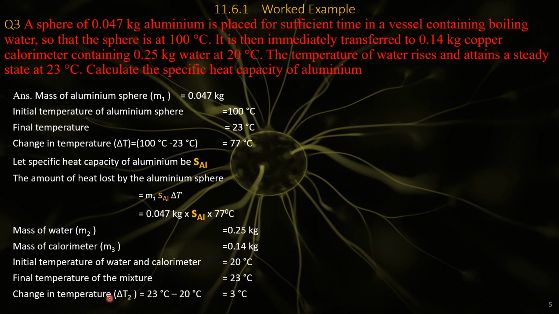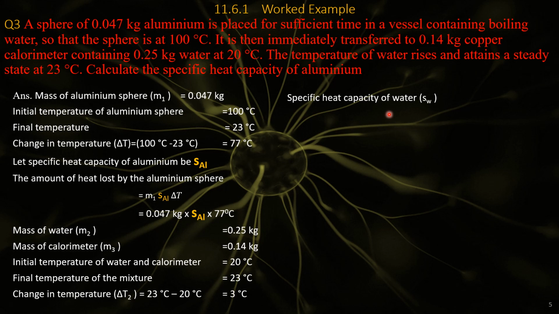Therefore, the change in temperature delta T2 is equal to 23 minus 20 degrees. So the aluminium came down from 100 to 23, and the water went up from 20 to 23. That is, the change in temperature is 3 degrees Celsius.